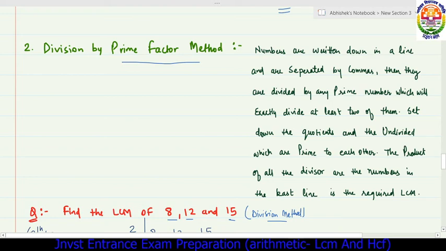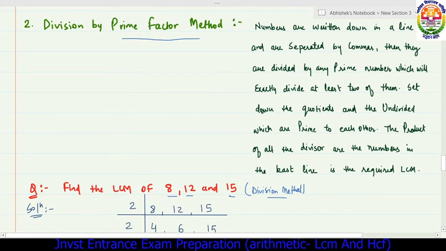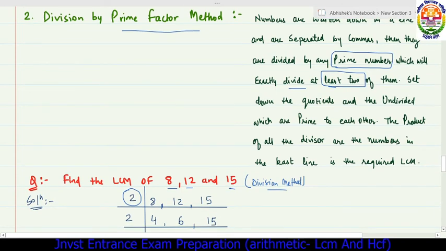Then they are divided by any prime number which will exactly divide at least 2 of them. So I will take 2. 2 fours are 8, 2 sixes are 12, and 2 cannot divide 15, so 15 is written as it is.